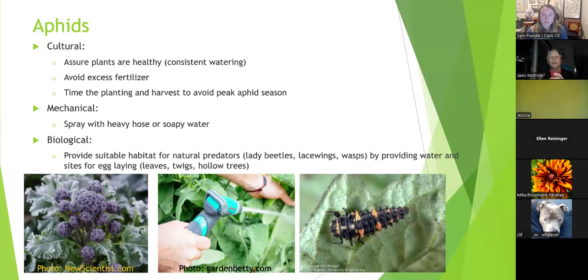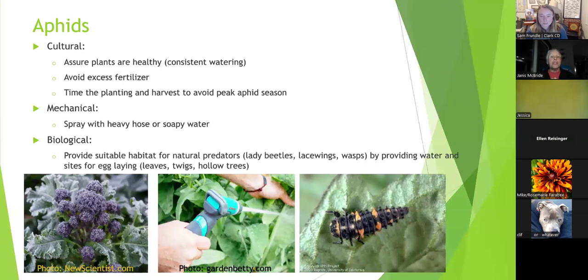So we set the hose up right at the beginning of that row, and when volunteers arrive, someone knows they've got to go down the row and spray off all the aphids. That's the main mechanical way that we use to manage our aphids.